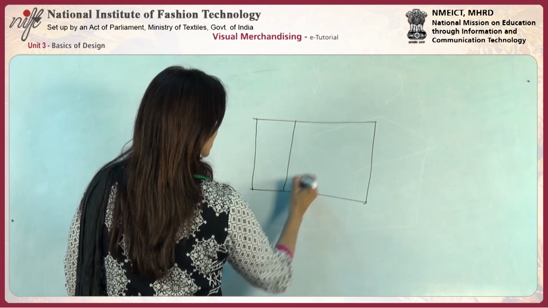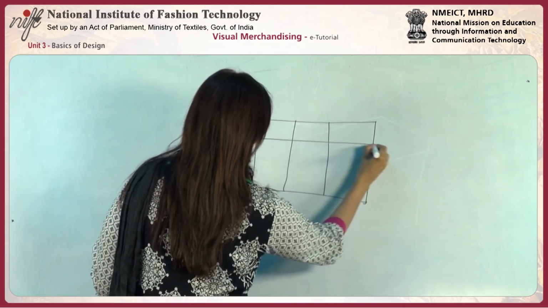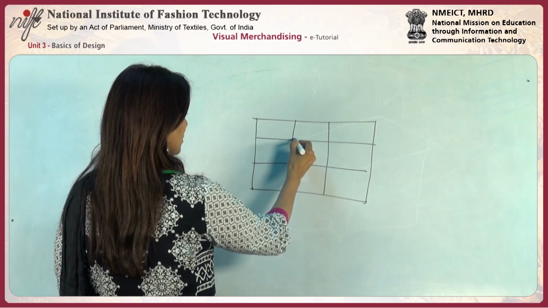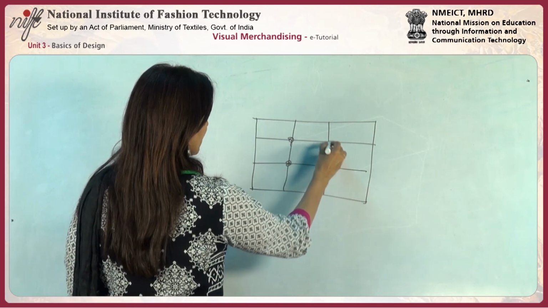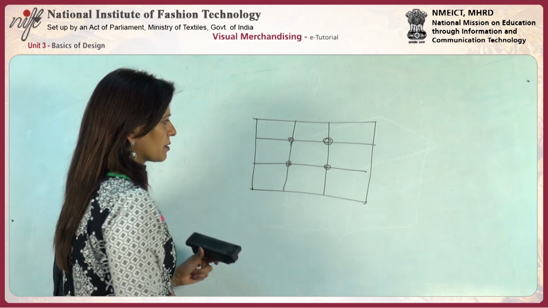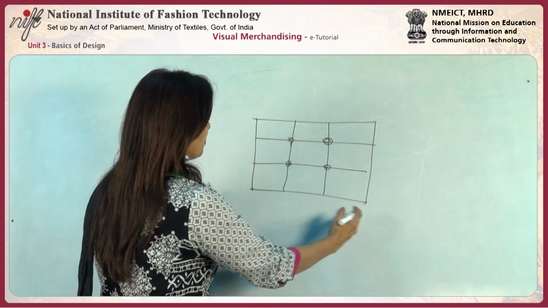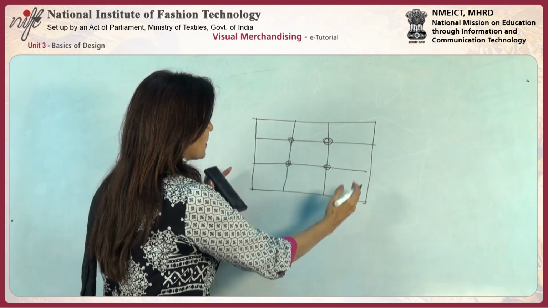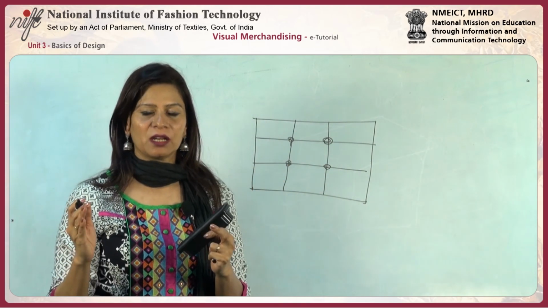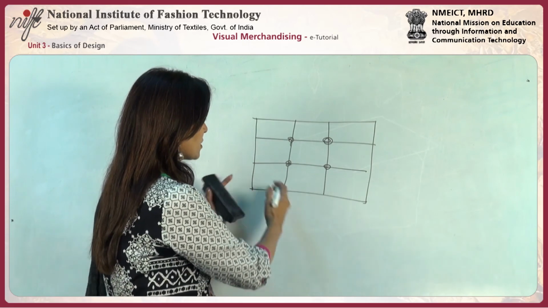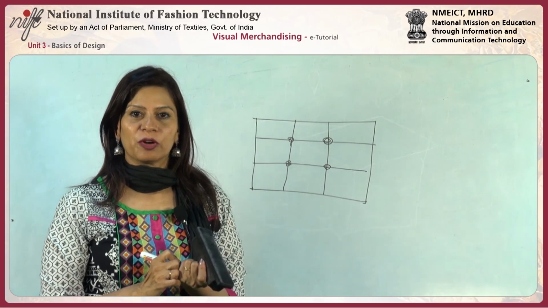I divide it into 9 squares and then I take my focal points around these areas. So, that is how a picture is composed. In the same manner, a visual display is also composed and your images should lie within these rule of thirds, within these 9 squares.